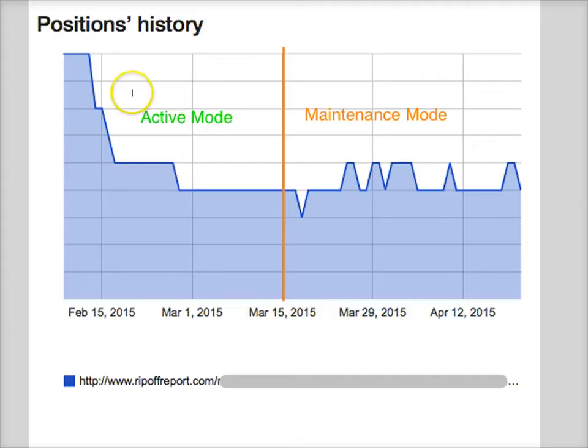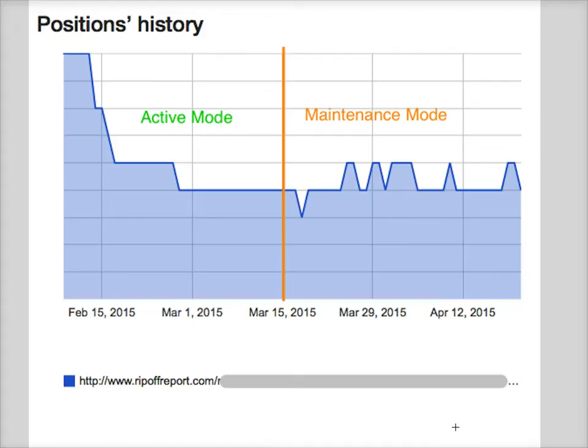So had the client been able to afford it, and this trajectory had continued down, so that Ripoff Report was on page 2, down here somewhere, at that point, had we converted to maintenance mode, we would have expected to see a flat trajectory thereafter, in position 12, 13, 14, wherever it might be. Maintenance mode doesn't guarantee that the result will not move back up again, and it doesn't promise to make it drop further.